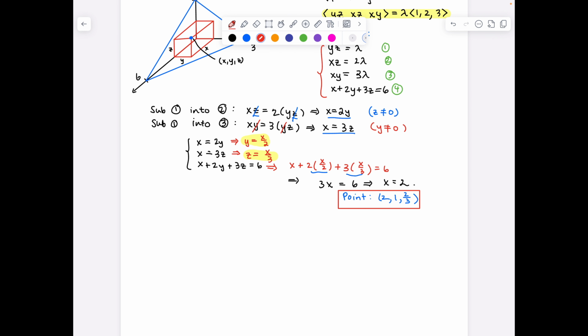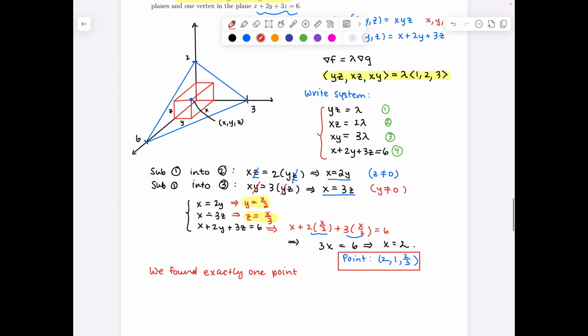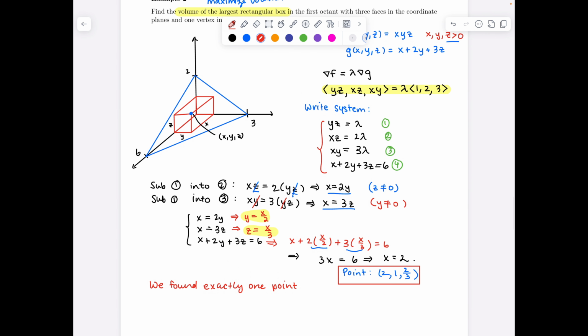So we only got 1 point. Let me emphasize that. We found exactly 1 point. So remember, we're trying to maximize volume, and so we're trying to find an absolute maximum.